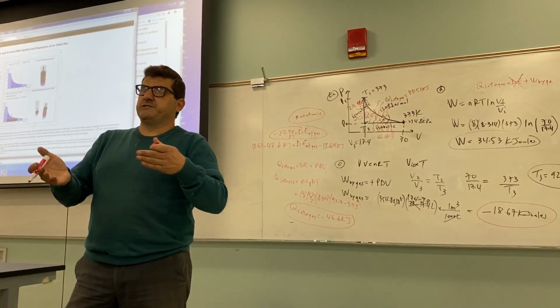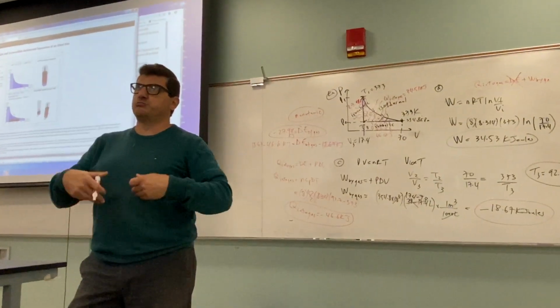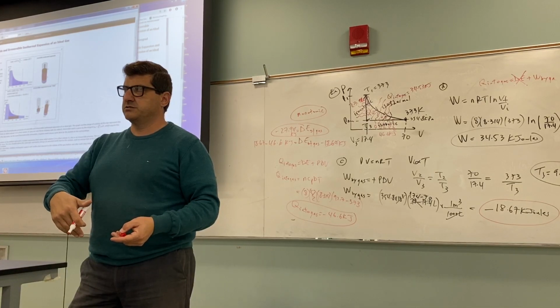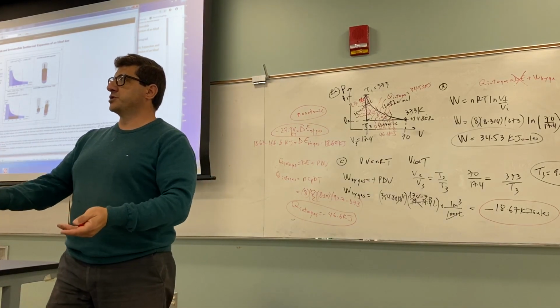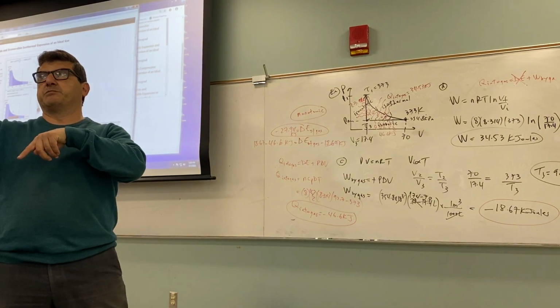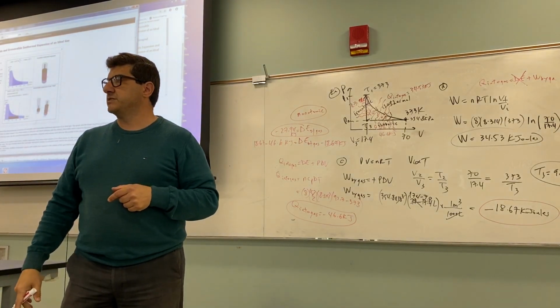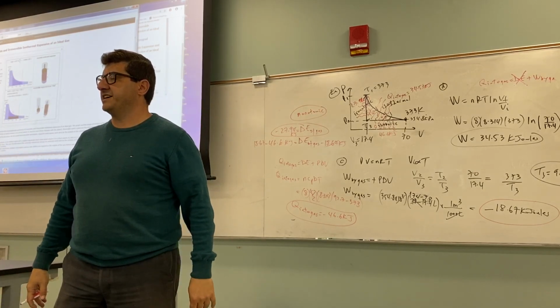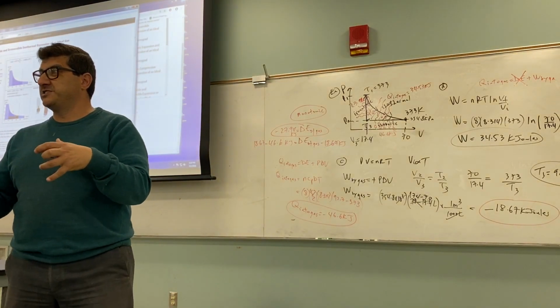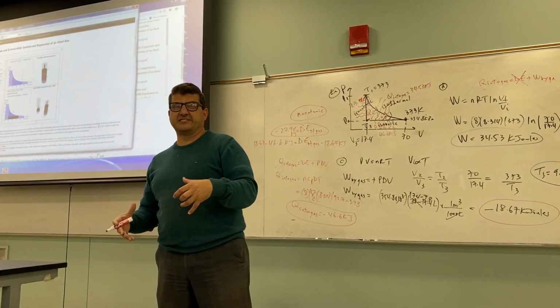And the same thing you can do for the efficiency of your car. You're getting energy from the gasoline that you're burning. That's the heat into the engine. Then how much work are you doing? You calculate the number of miles that you can drive. Let's say you fill up 20 liters of gas. You calculate how much chemical energy is in 20 liters of gas, right?